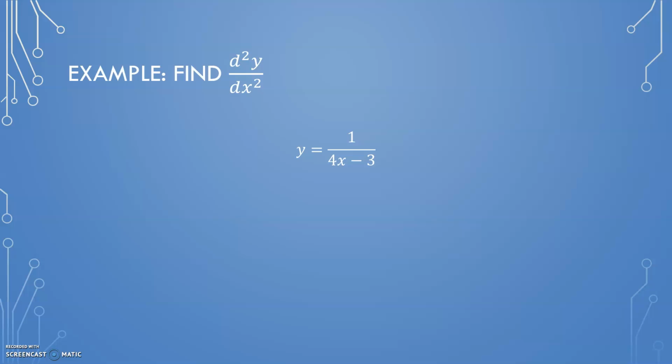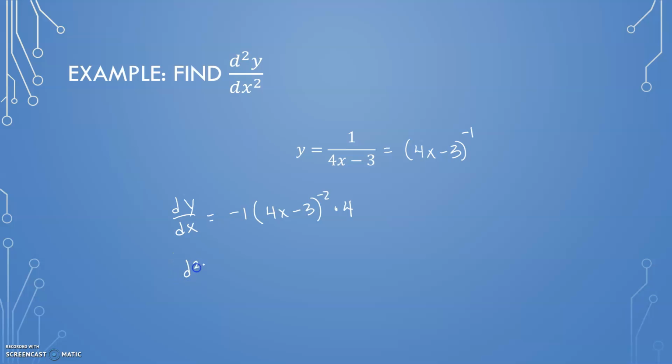To make this a little bit easier, I'm going to rewrite it with exponents so I can avoid the quotient rule. So even before I take a derivative, I'm going to rewrite this as 4x minus 3 to the negative 1 power. Now I'm going to take the first derivative, which would be negative 1 times 4x minus 3 to the negative 2 power, and then because of the chain rule, times 4.